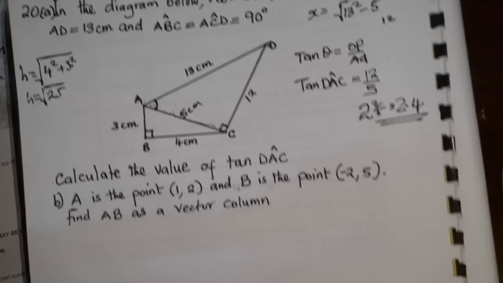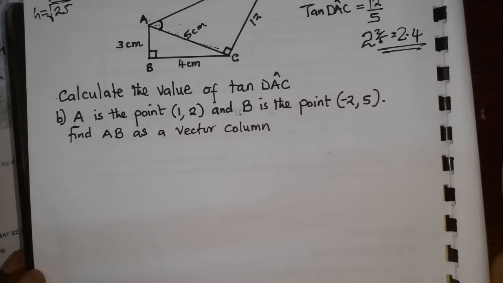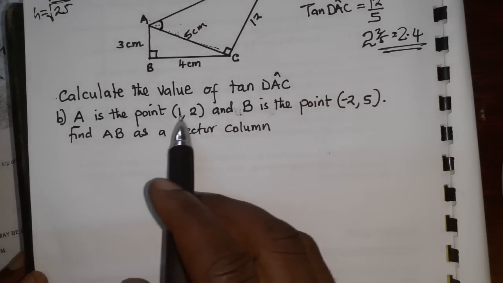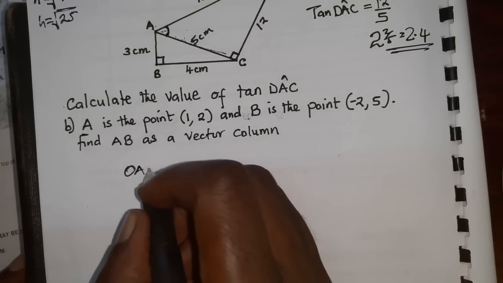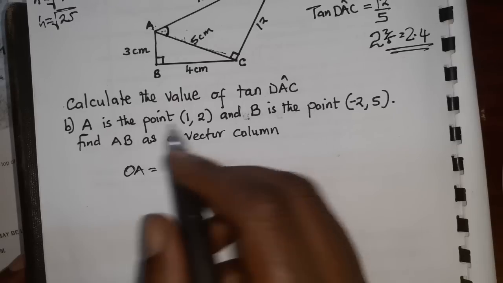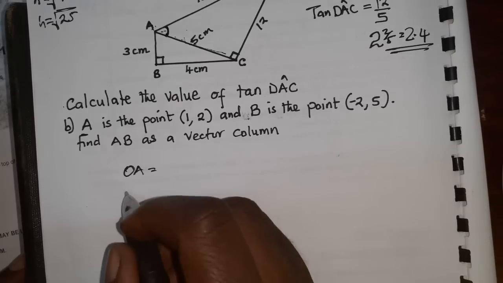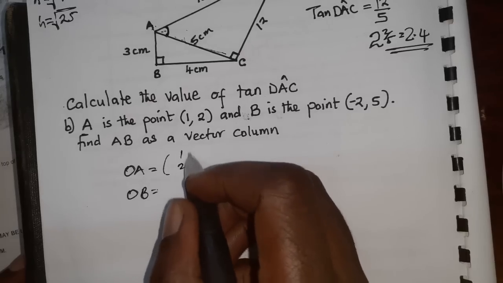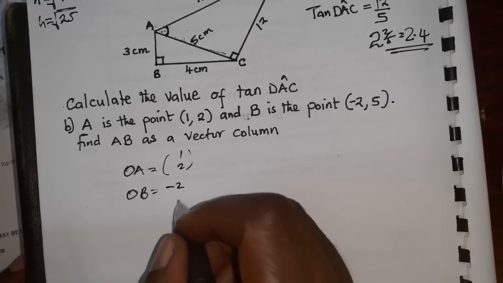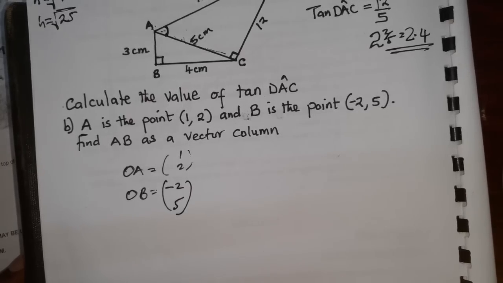We come to question 20B. A is a point, so OA in terms of this point is (1, 2), and OB is (-2, 5).